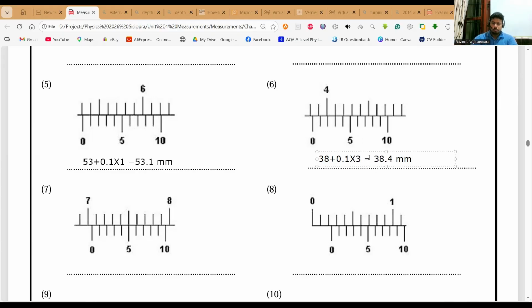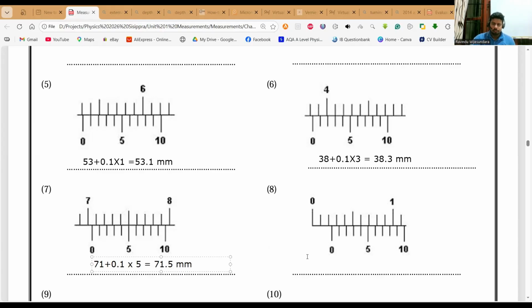Yes. Right, good. Next one. Final one is 71.5. So, sorry, the seventh one.